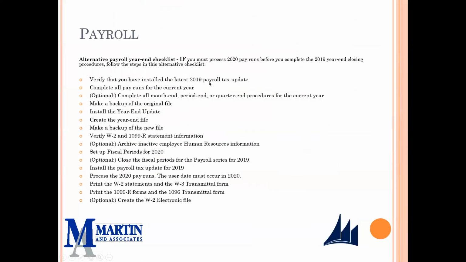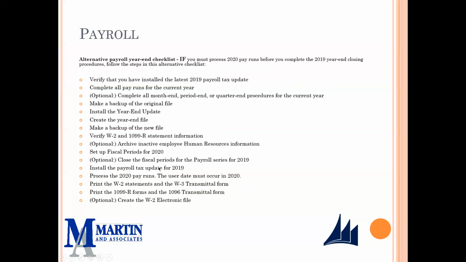If you need to process a 2020 pay run before you complete your 2019 procedures, the checklist is slightly different, but that's about it. Really, the only thing that changes is down here you will close the year-end file for 2019.